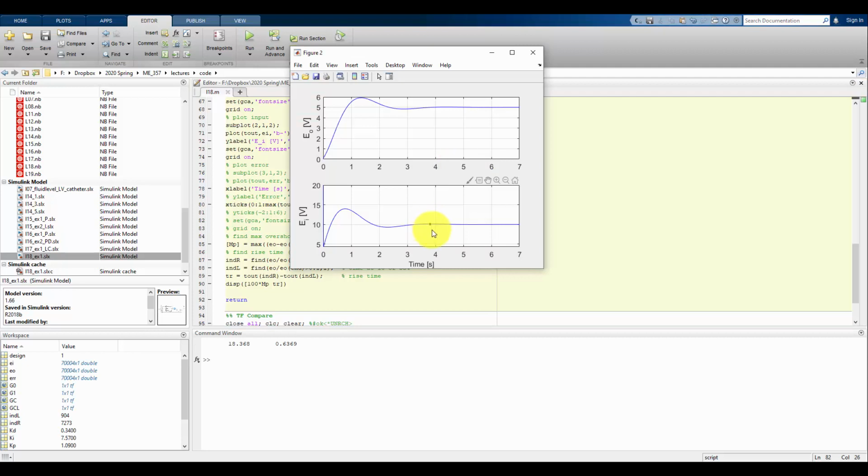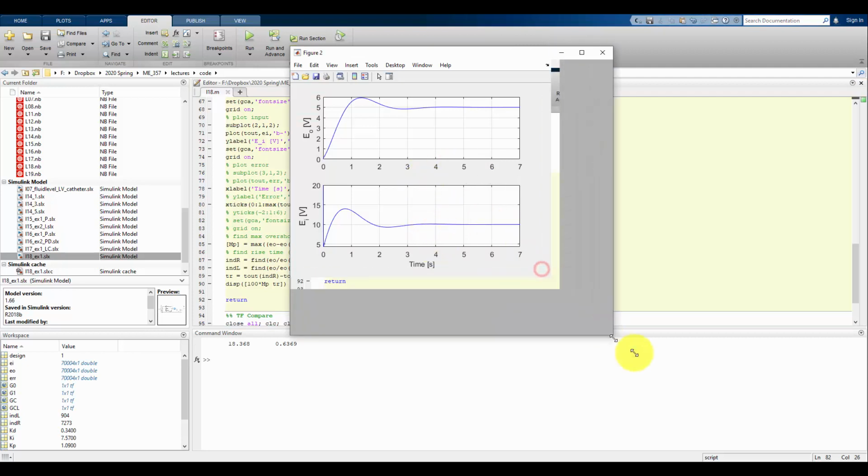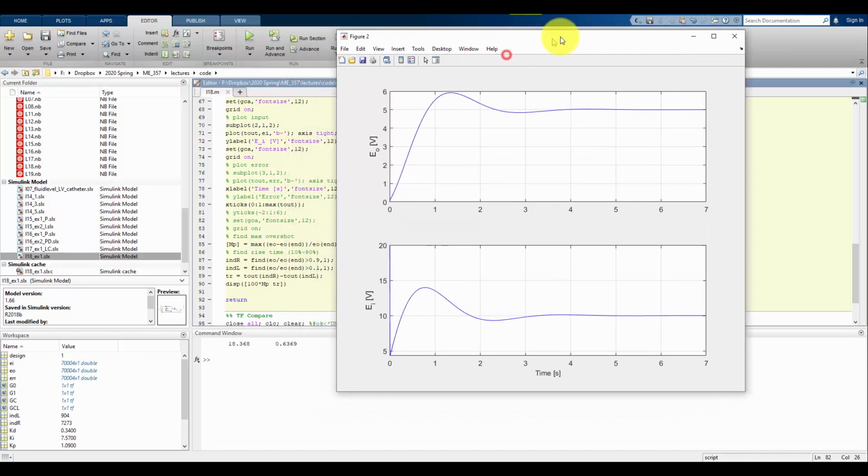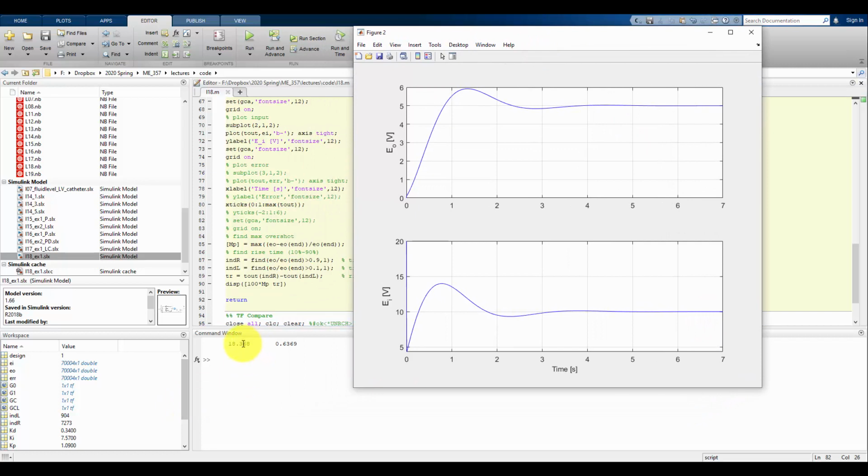All right, so here's our output and our input for this design. And then I have the calculations down here. So this calculated my max overshoot to be about 18.4%, and it calculated my rise time to be 0.637 seconds.